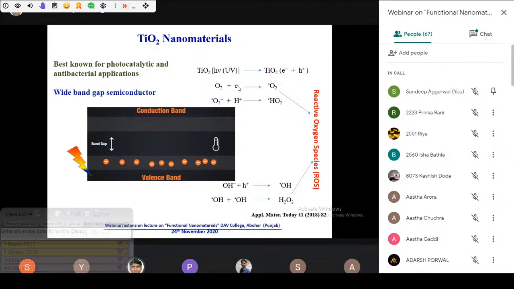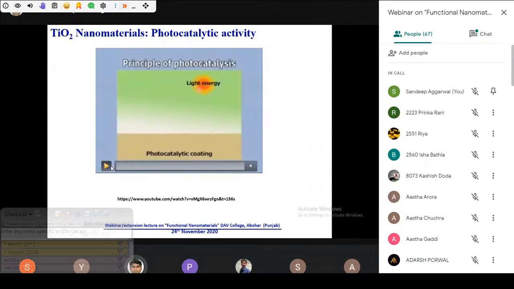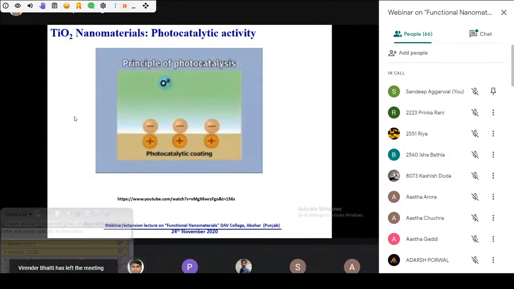When these electrons interact with these species present in the air, they form some reactive oxygen species, free-radical kind of molecules. We can see in this video that when these radicals are formed, whenever they interact with any organic molecule, like the oxygen or water molecules present in the air in the form of moisture, they form radicals.